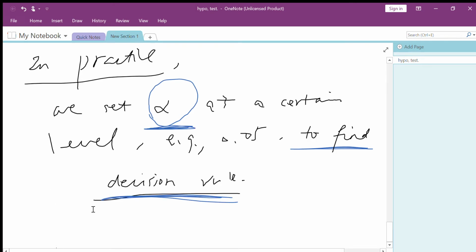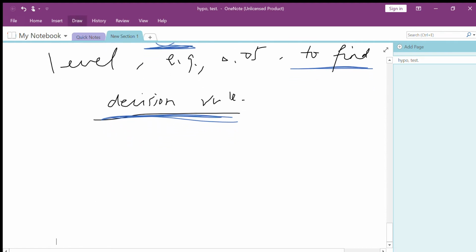So how to find the decision rule by alpha? Remember, the fourth step is the probability. We still use our example, the sample mean example.